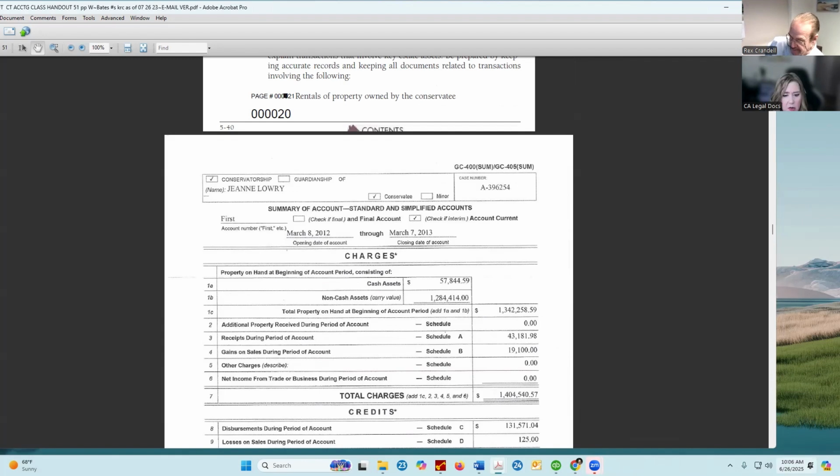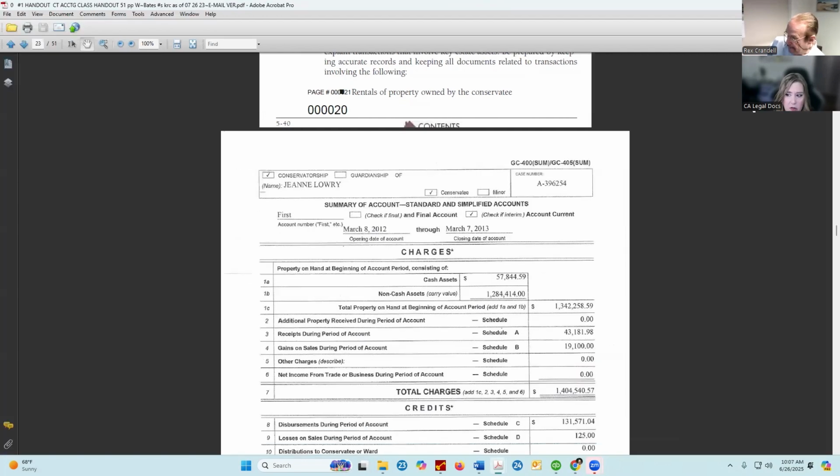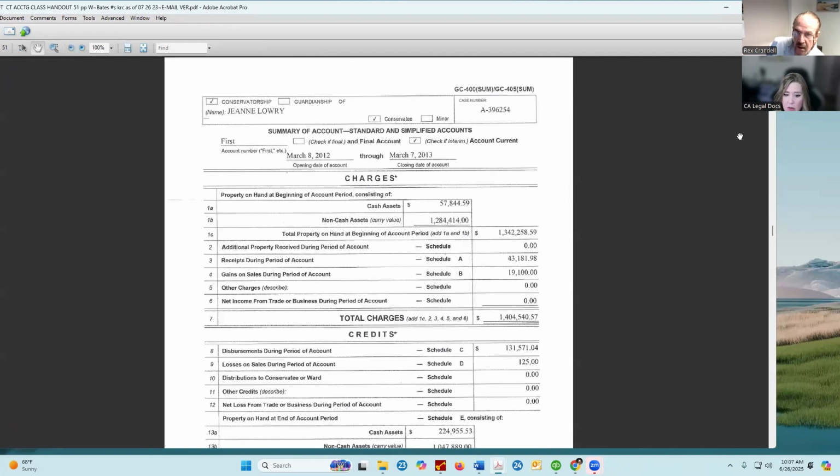I'm sorry, I don't mean to interrupt, but I'm seeing half the page of 20 and then only half of your GC page. Can you adjust your GC 400 sum page? Is that better? No, it didn't change. Slide your page down so it doesn't show both. Can you make your screen a little bit smaller so they can see the whole form?